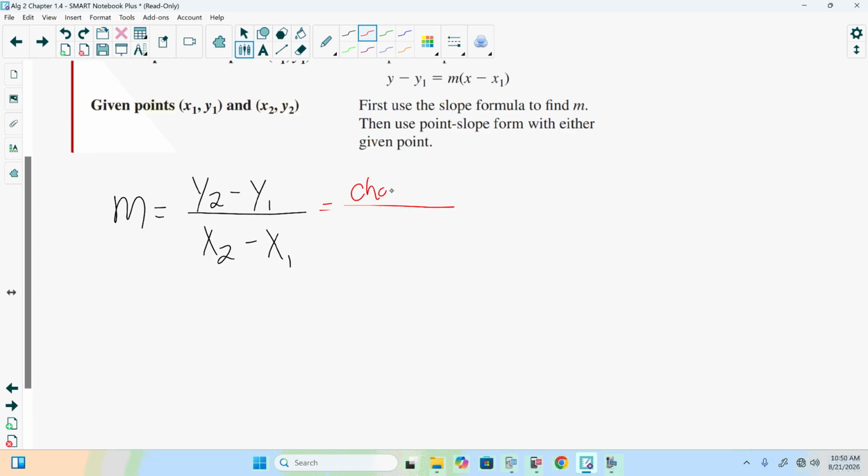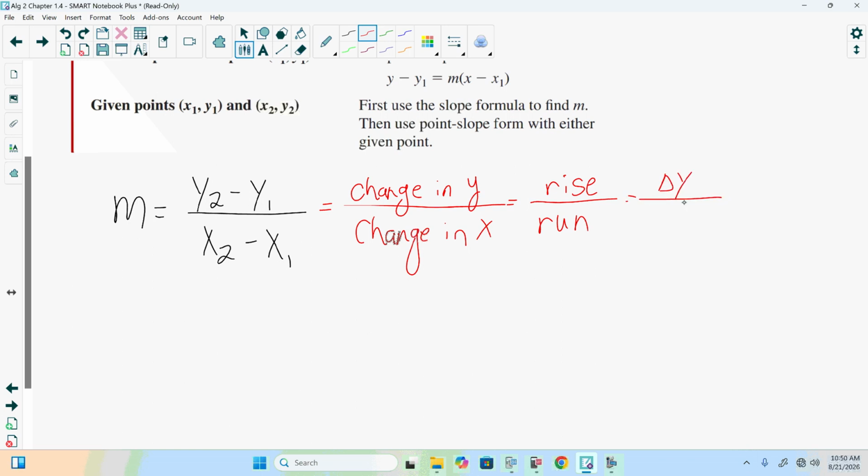The change in y over the change in x, our rise over run, delta y over delta x. Delta in math just means change.